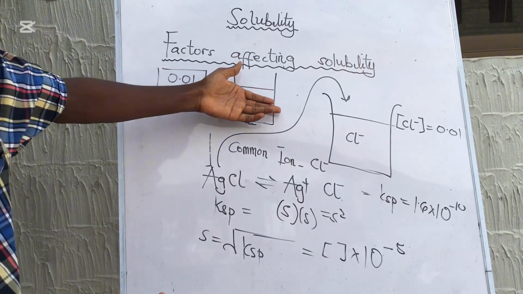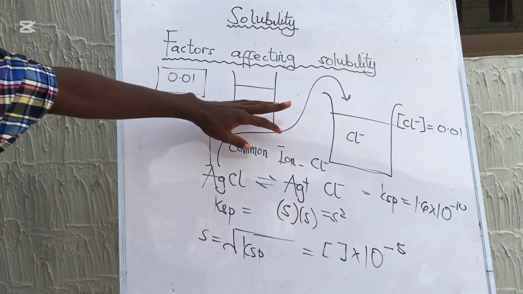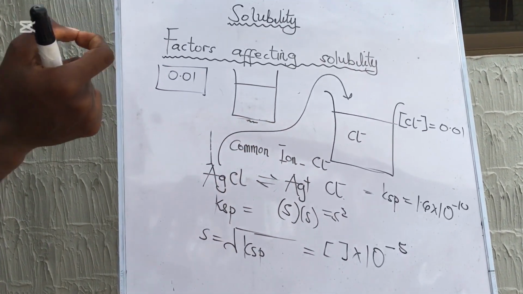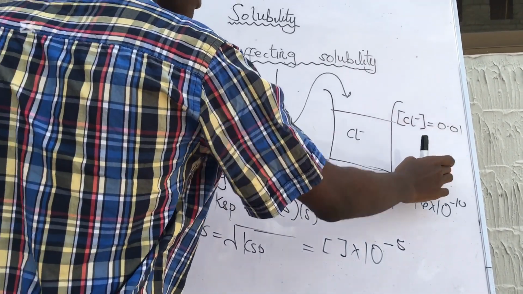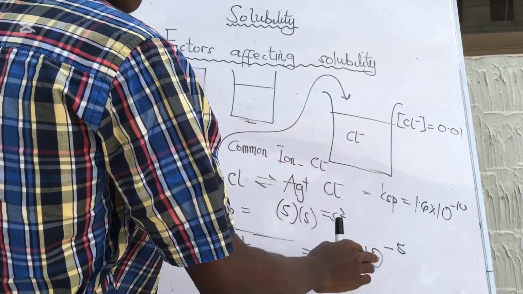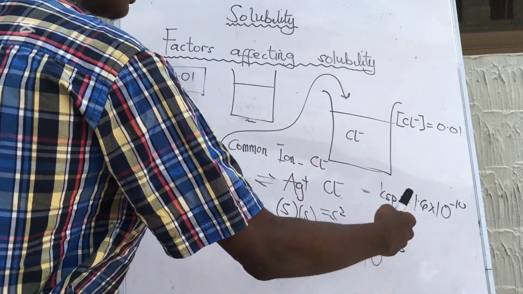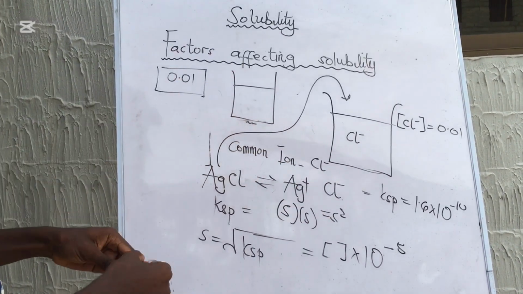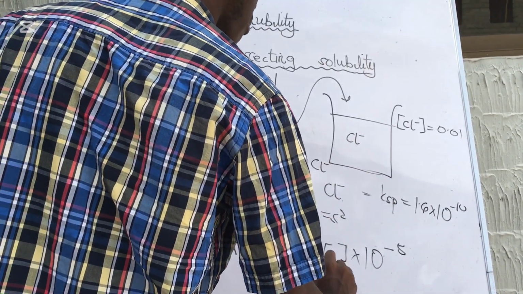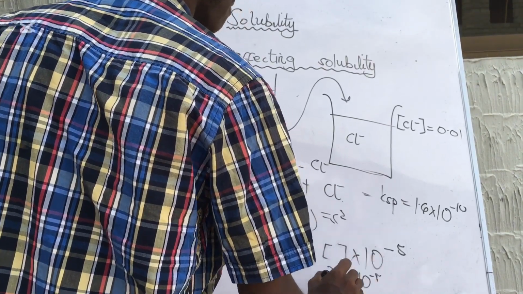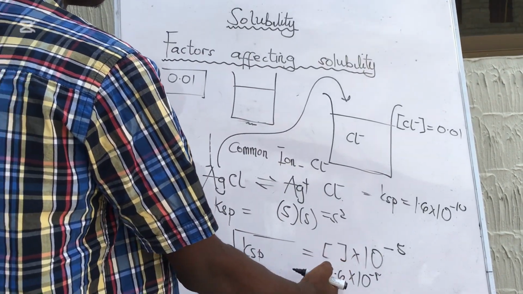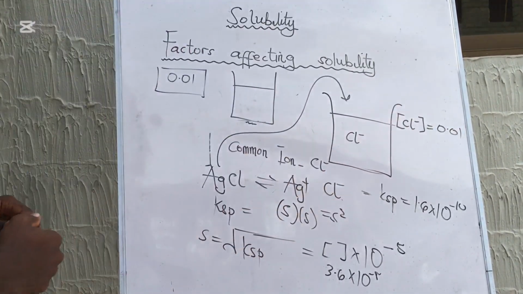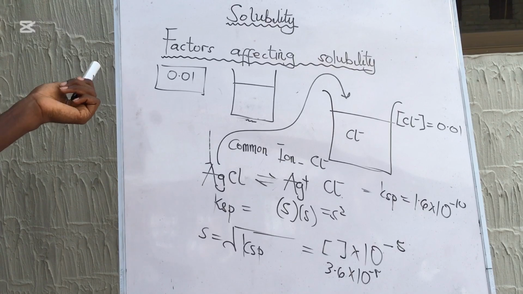There will be no appreciable change in the volume of the bucket of water, because what you've come to add to this huge number is so small that 0.01 plus 0.00000 something will still give you the same thing as 0.01. For instance, if this one is giving you 3.6 times 10 raised to the power negative 5, then 3.6 times 10 to the power negative 5 plus 0.01, if you use your calculator, you are still going to get 0.01. So that's all I mean by the assumption that I've referred to here.